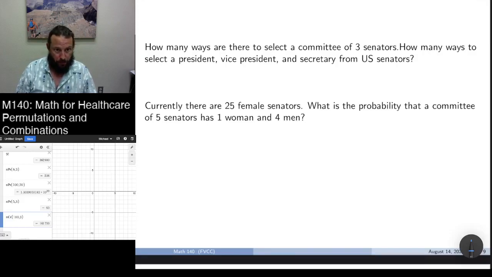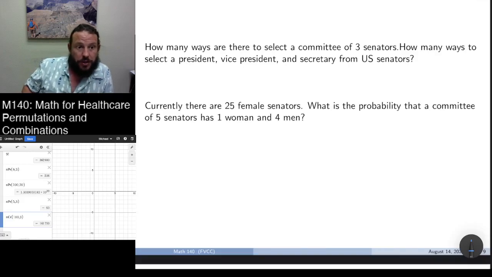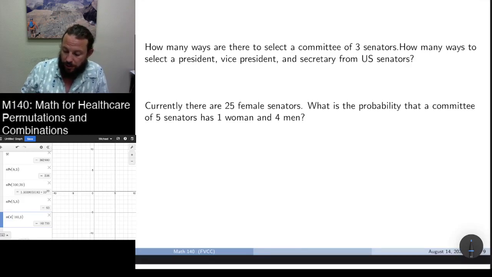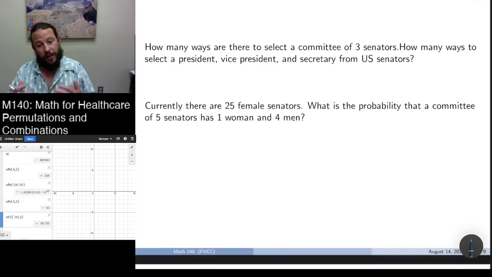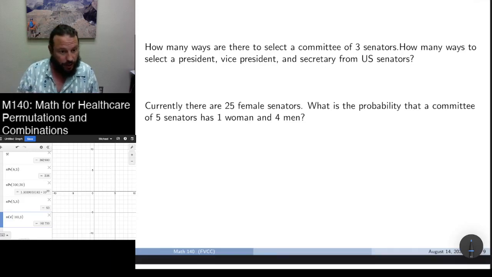First of all, note that here we have 5 senators and not the 3 originally, right? So what is the probability that a committee of 5 senators has 1 woman and 4 men? Remember, probability problems, we want equally likely outcomes in our sample space, finite.